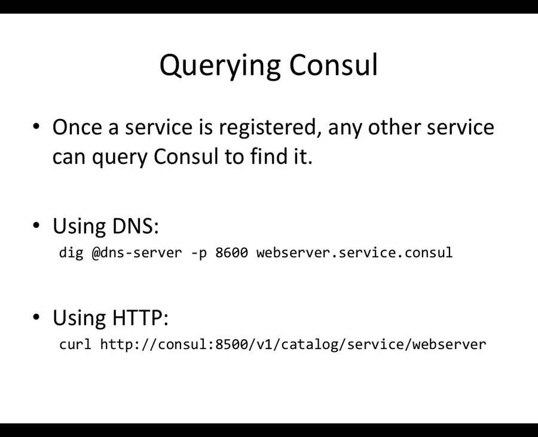The key here is to look at this domain name, webserver.service.consul. What Consul is doing is creating its own DNS namespace. And any service that's registered in Consul will automatically appear as a new host name as part of that fully qualified domain name. So if I send a request to webserver.service.consul, then Consul will respond back with the IP address and the port that service is running on.